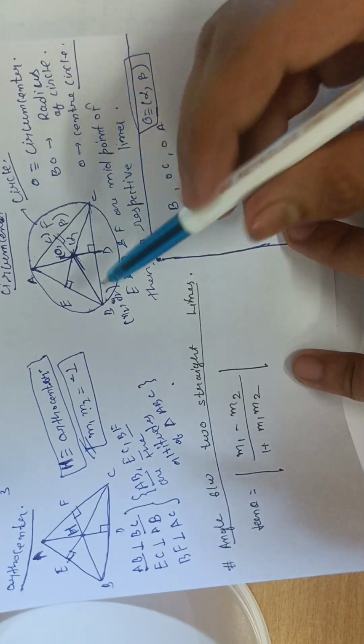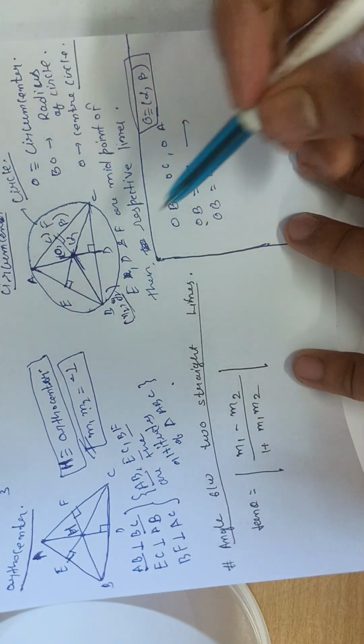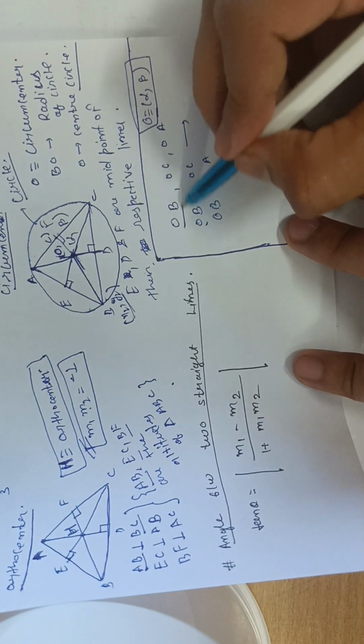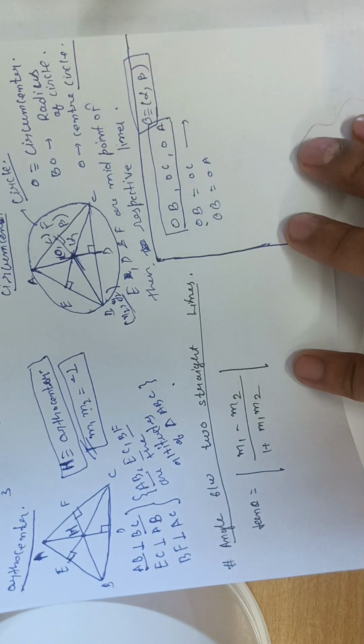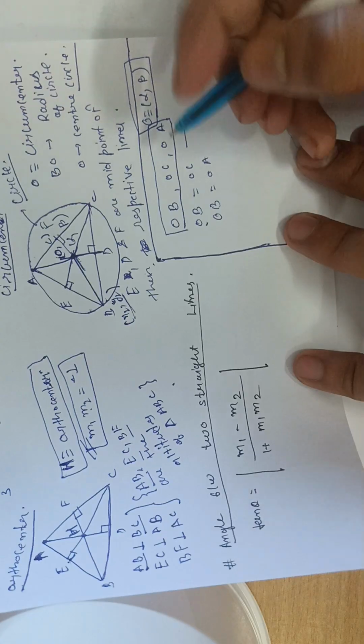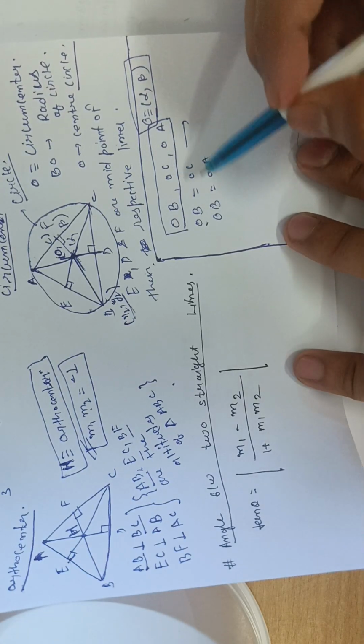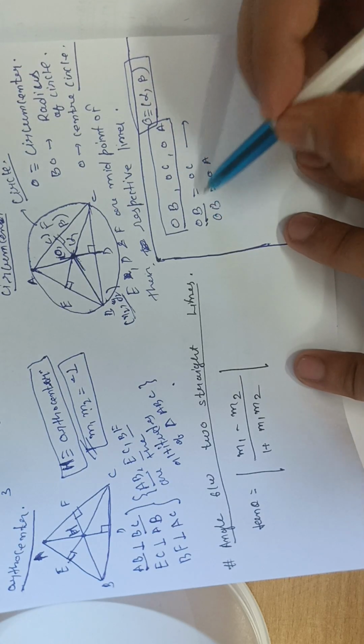Using the distance formula we determine the distances OB, OC and OA. After that, since they are the radii, we equate OB and OC.